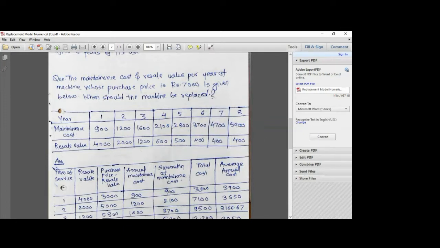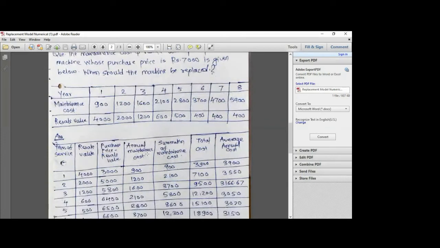So you can see that as the years increase, the maintenance cost is increasing, and the resale value is decreasing. The maintenance cost goes on the higher side, and the resale value on the lower side, right?